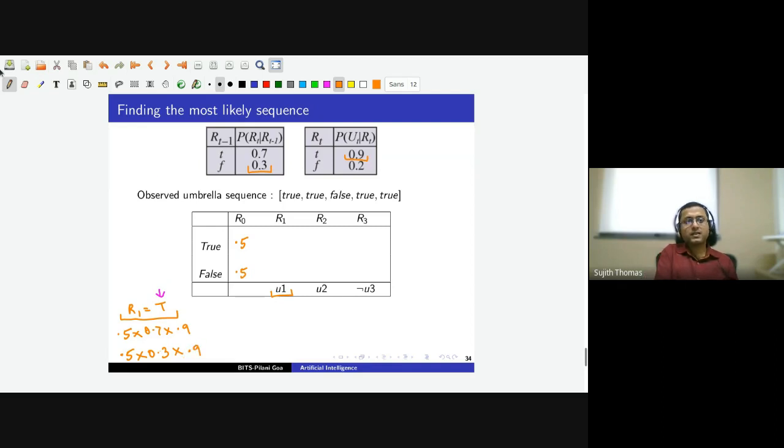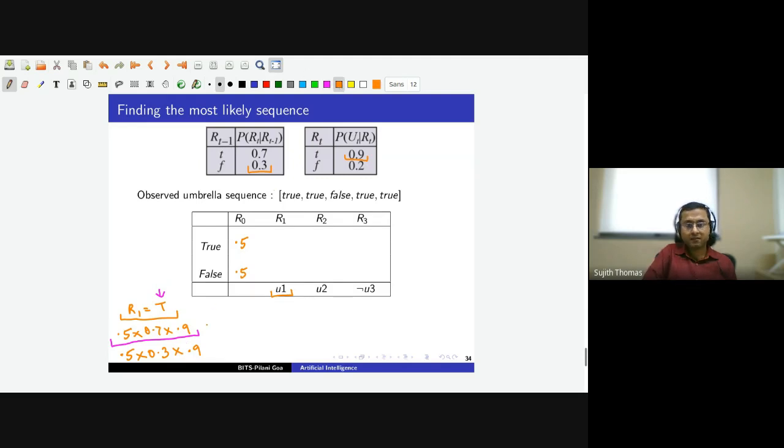So here you can see that the sequence that ends with R1 equal to true and has the highest probability must actually come from R0 equal to true. So this is what will maximize the probability among all those sequences that end with R1 equal to true.